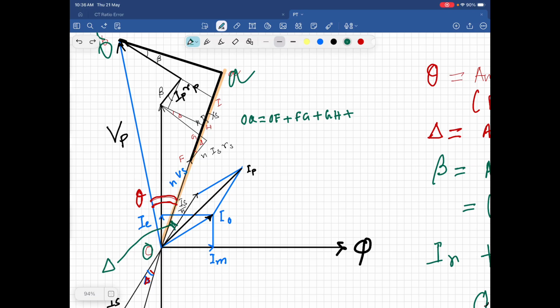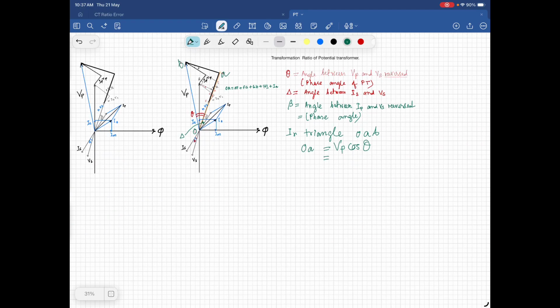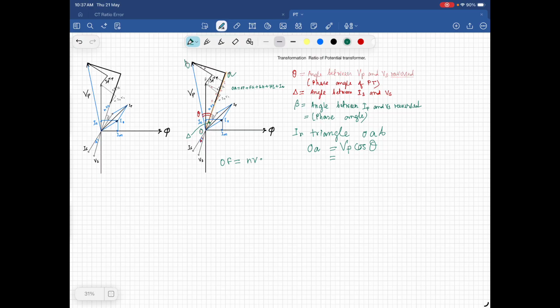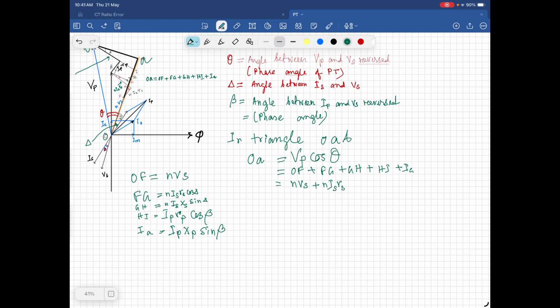Individually, OF is equal to nVs and FG is equal to nIs Rs cos delta, as delta is the angle between Is and Vs of the secondary load circuit. GH is equal to nIs Xs sin delta.